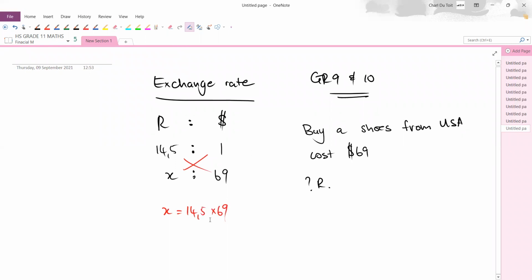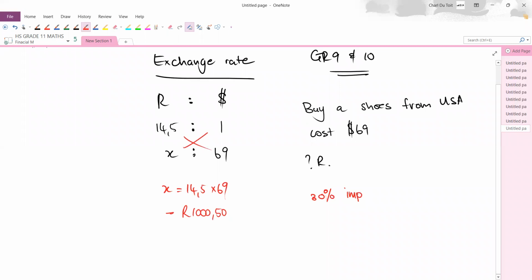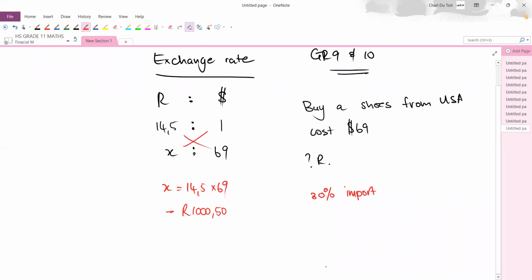That's too simple. I can't even explain that. You won't get this in grade 11. That's like 1,000 rand and 50 cents. Then they charge you 30% import duty and 500 rand delivery fee.